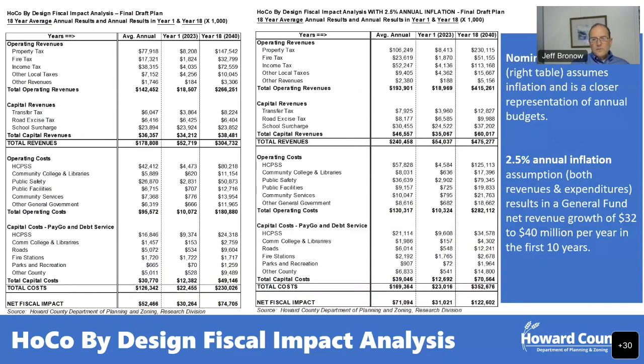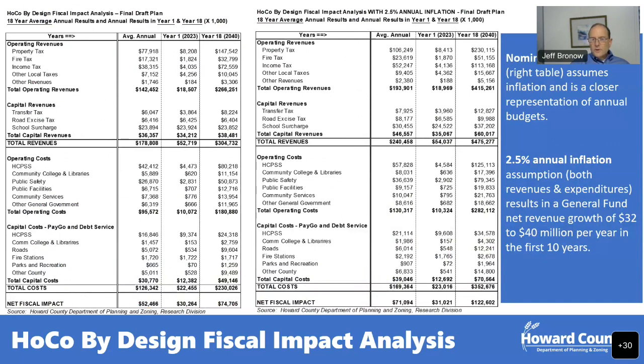So you can see the differences in all of the line items. And for the general fund, the growth is about between 32 million and 40 million per year in net revenues in the first 10 years, including inflation. So that's just a point. That's what the fiscal model is showing.